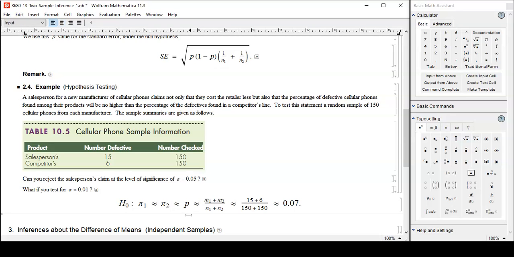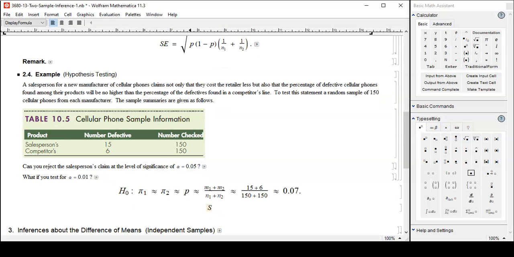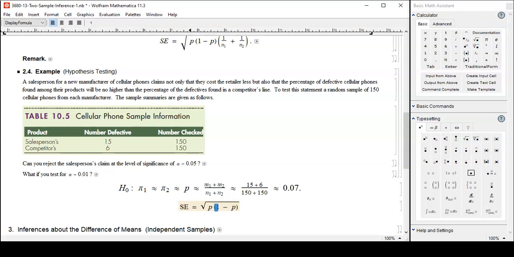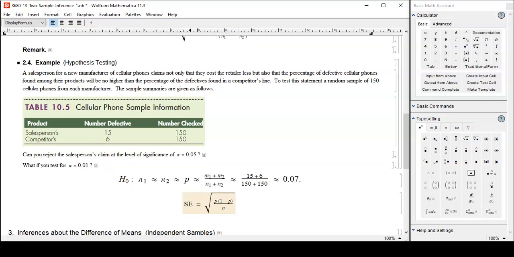So under this, what is the SE? Square root of P1 minus P over N. That is the SE formula, isn't it?